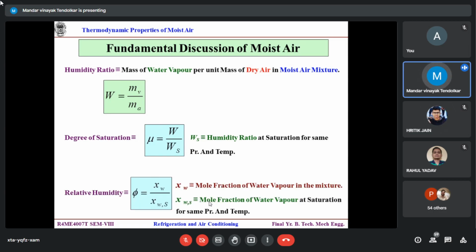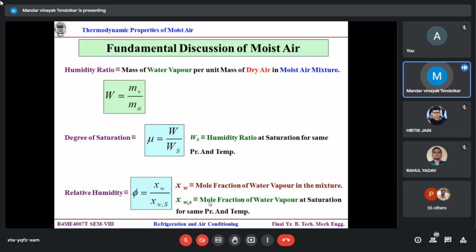Third definition is relative humidity. Again, read the definition carefully. Defined by the letter phi, and it is expressed in mole fractions, neither mass nor any other thing. So mole fraction of water vapor in the mixture divided by the same mole fraction of water vapor at saturation.